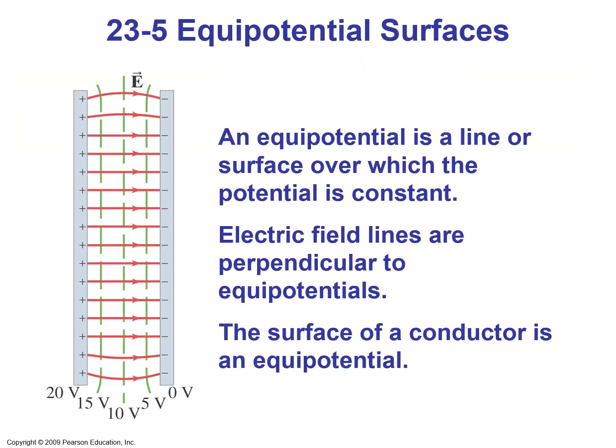Section 5. Equipotential surfaces. An equipotential is a line or surface over which the potential is constant. Electric field lines are perpendicular to equipotentials. The surface of a conductor is an equipotential.